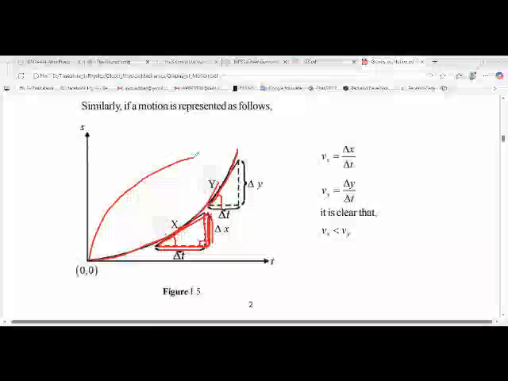Its inclination was decreasing. But this graph represents moving away from the observation point with acceleration, because this angle is increasing. It's not difficult.